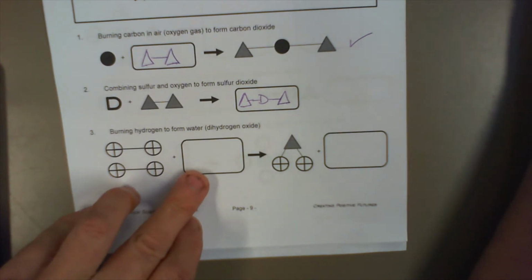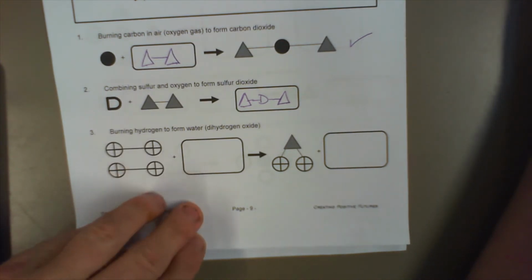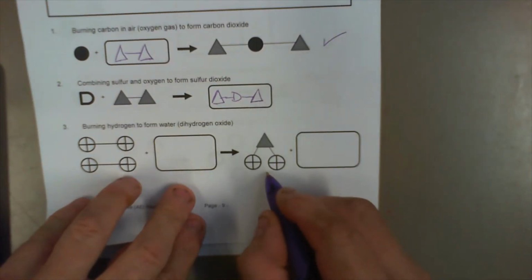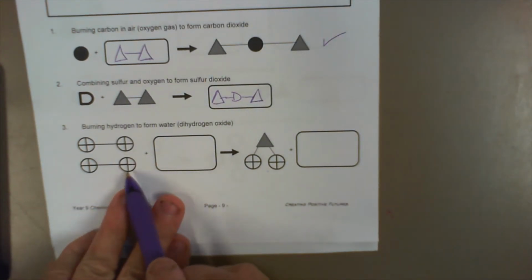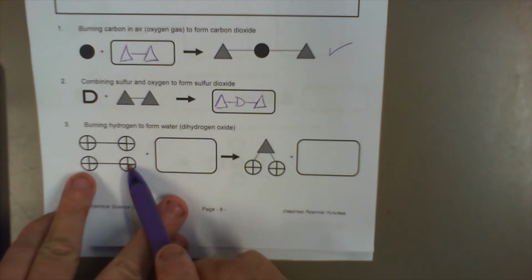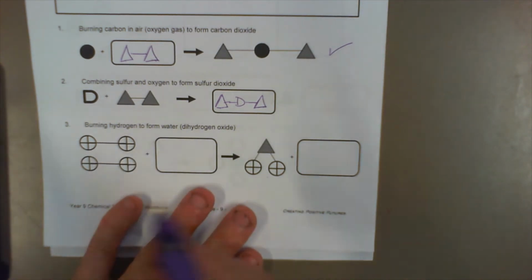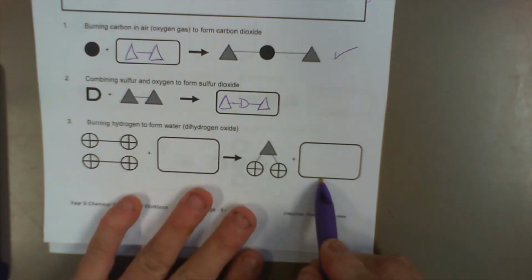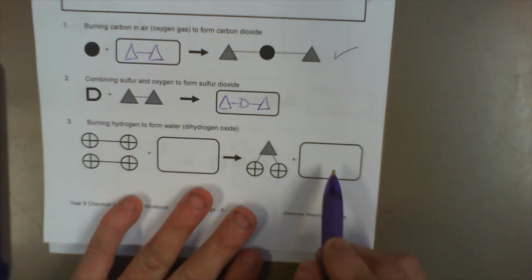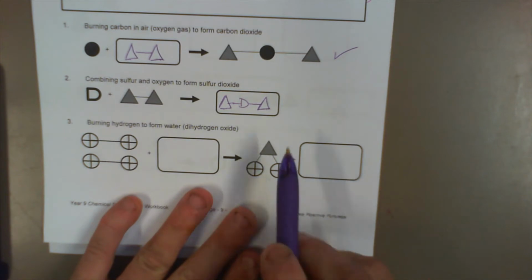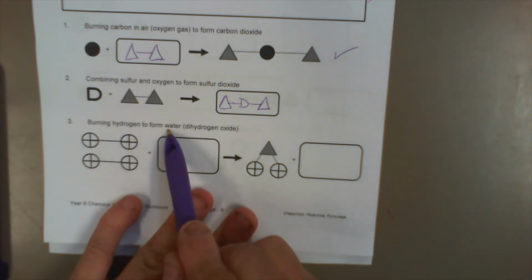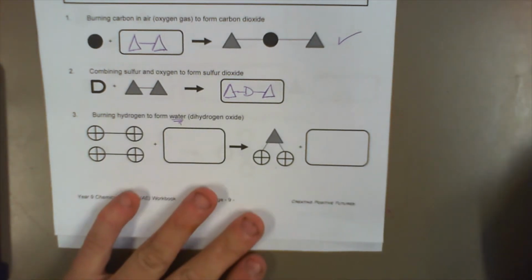Now, over here is an interesting one because we've got burning hydrogen to form water. That's 1 water molecule, but you'll notice we've got 4 molecules of hydrogen there, so we need more molecules of hydrogen over here. Now you can't just put hydrogen over here because it says burning hydrogen to form water, so we can only put down water.